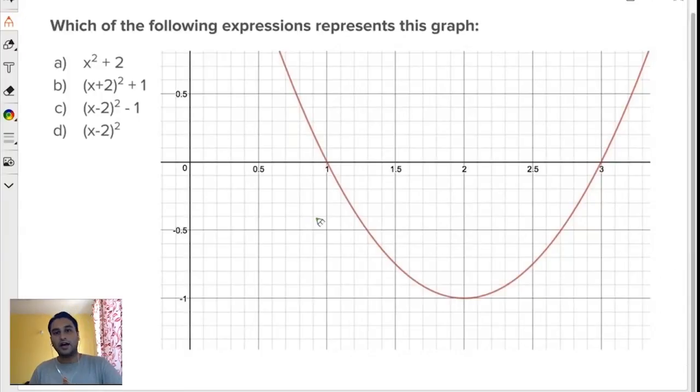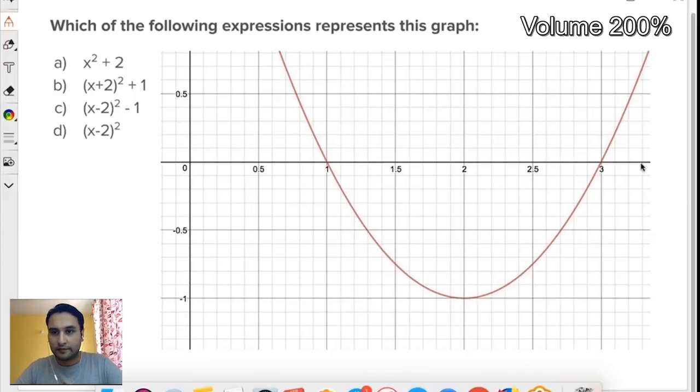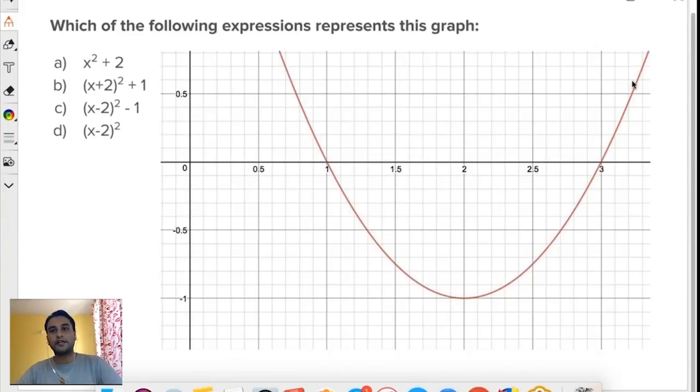Now look at this. Wait, before I give it to you, let me change your chat option to me only. Now look at this graph. It is a mixture of transformations.